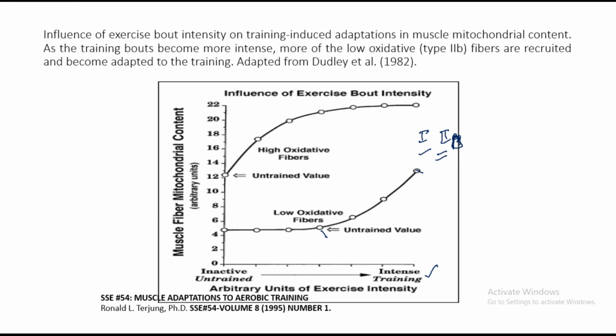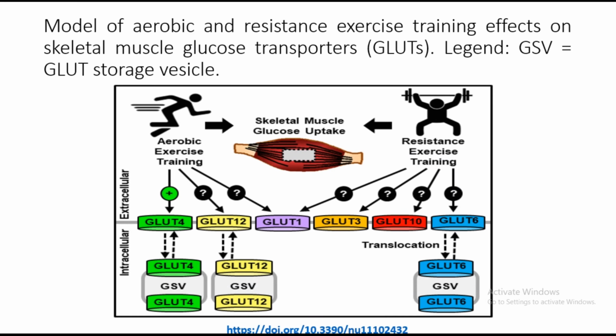So the take home message of this slide is that low oxidative type 2B fibers become more adaptive in terms of number of mitochondria. Mitochondria number increases in order to facilitate the oxygen supply during exercise.